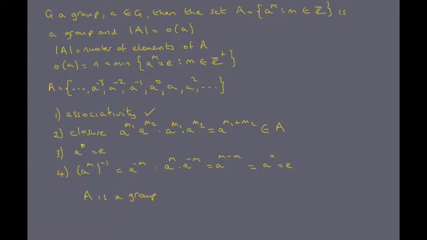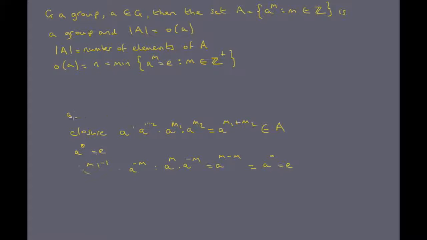Now, for the next stage, I want to explore the order of the group A, which is the number of elements in A, and the order of little a, where little a is the generating element, and we'll see how these are related.